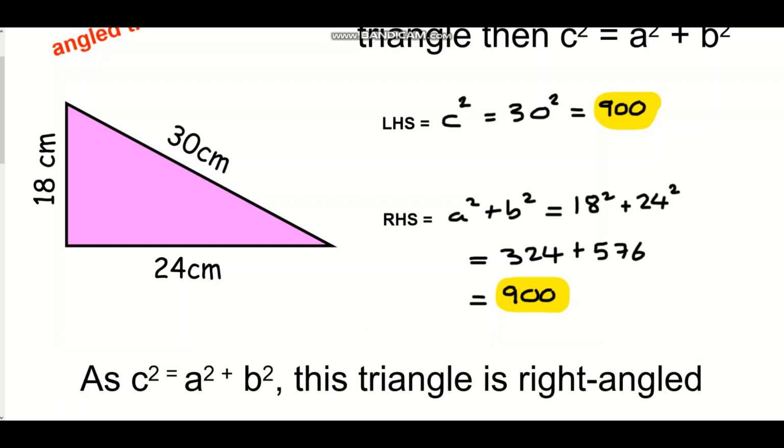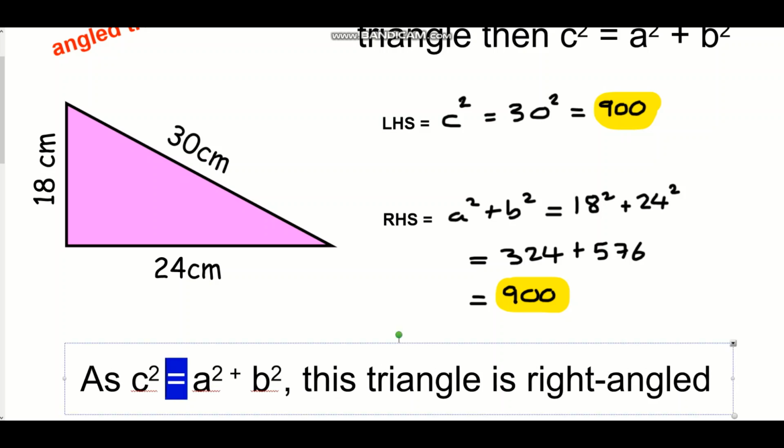You can't say it's right angled until you've done your little investigation into Pythagoras' theorem, but once both answers are 900, you can say as c squared equals a squared plus b squared, both things are the same, this is a right angled triangle.